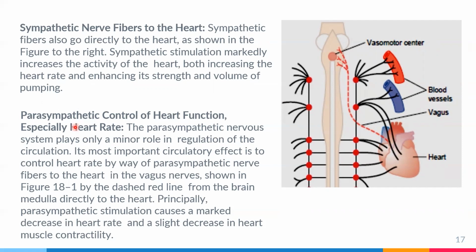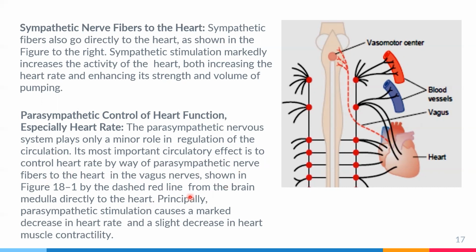Next is the parasympathetic control of heart function and especially the heart rate. The parasympathetic nervous system plays only a minor role in regulation of circulation, as it only innervates the heart specifically. Its most important circulatory effect is to control heart rate by way of parasympathetic nerve fibers to the heart in the vagus nerve.